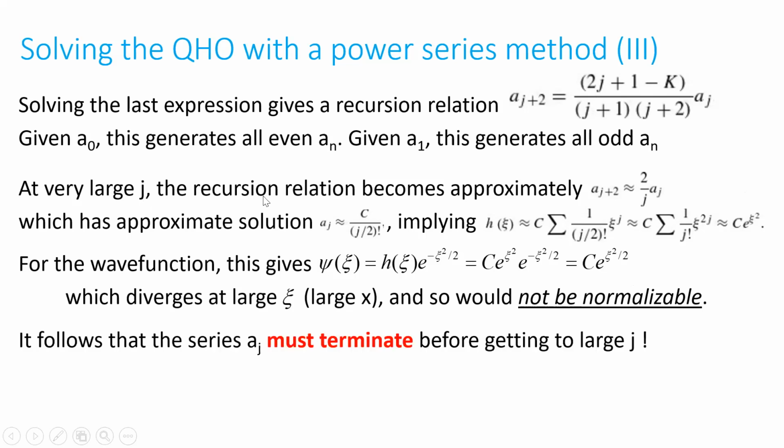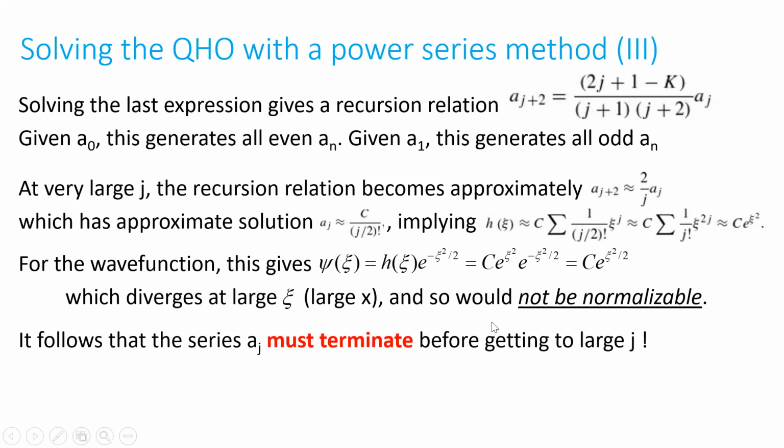It follows that for the wave function to be normalizable, the series aj must terminate before getting to large j. In other words, we don't start with a0 and build up a2, a4, a6, all the way up to infinity. There's some finite number of terms, so we don't get the blow up and lack of normalization.